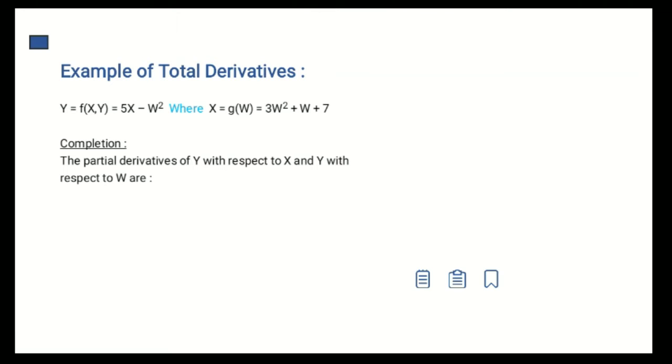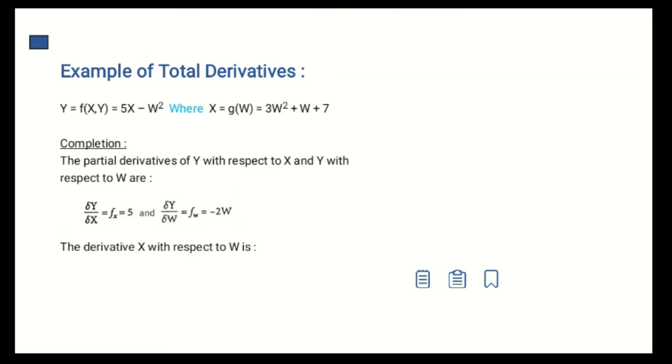The partial derivative of y with respect to x and y with respect to w: ∂y/∂x is fx = 5, where this result is the derivative of 5x, and ∂y/∂w is fw = -2w.